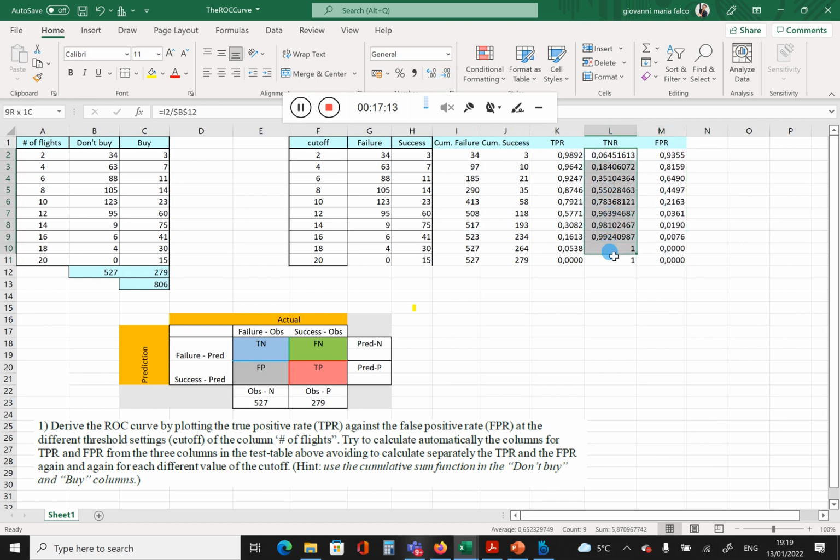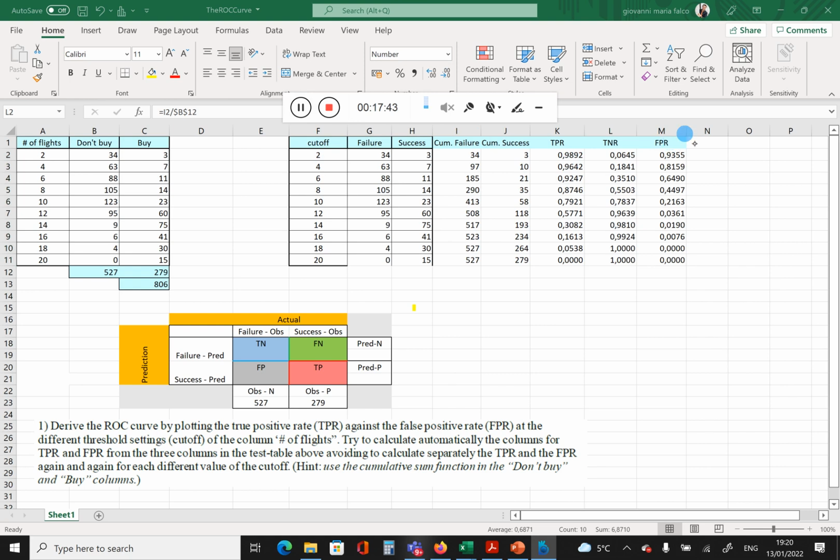So by using these two columns, cumulative don't buy and buy, we were able to calculate at one shot, for each value of the cutoff, the true positive rate, true negative rate, and false positive rate, without repeating the calculation of the confusion matrix again and again.